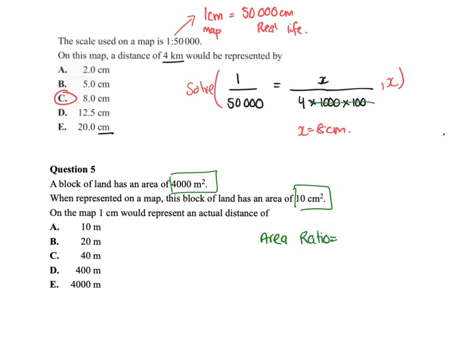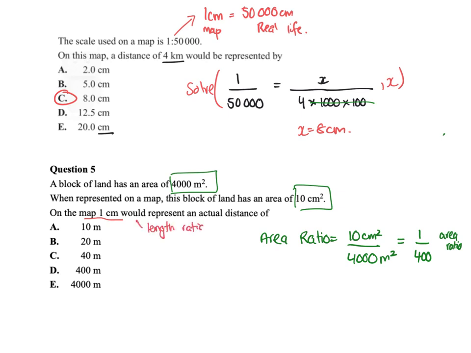So what they're saying is 10 centimeters squared over 4,000 meters squared. Yeah? So first we simplify that fraction, that's going to be 1 over 400. But this is an area ratio. And when they talk about this thing here, 1 centimeter, that's a length ratio.